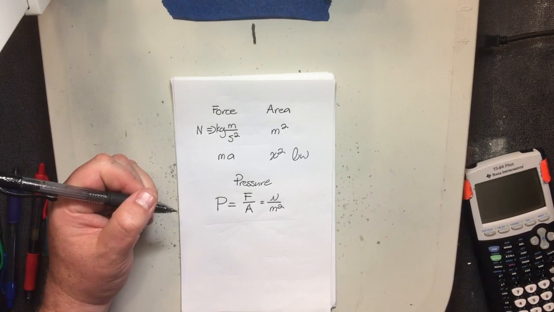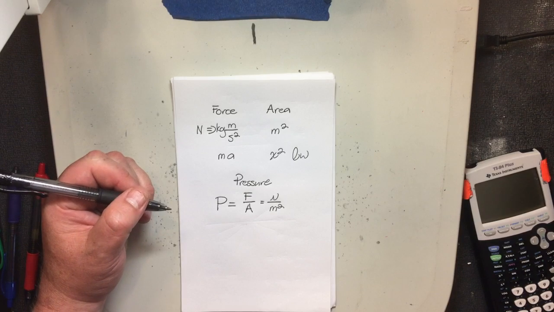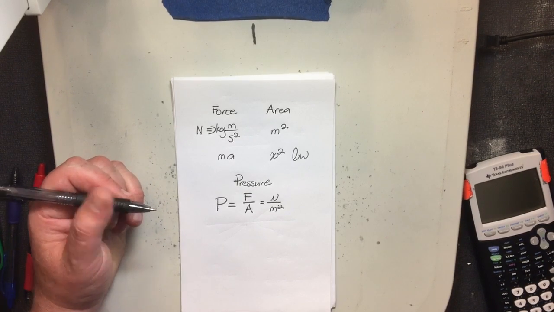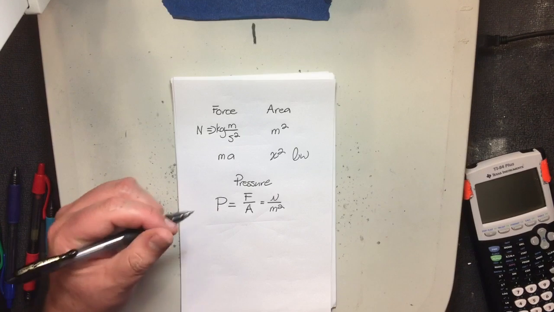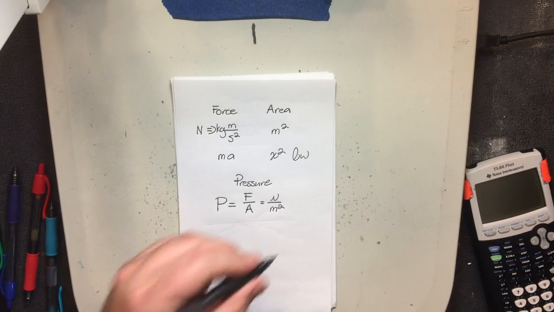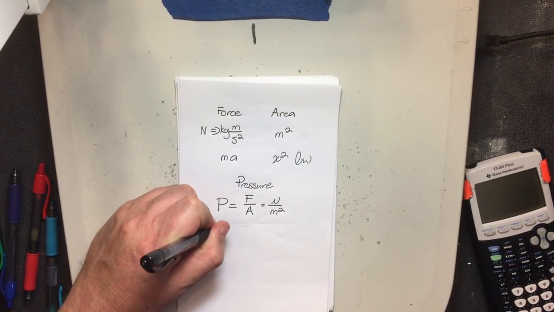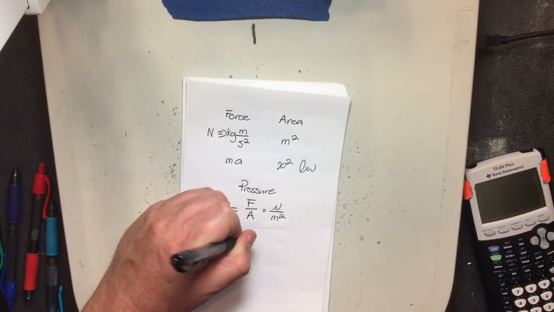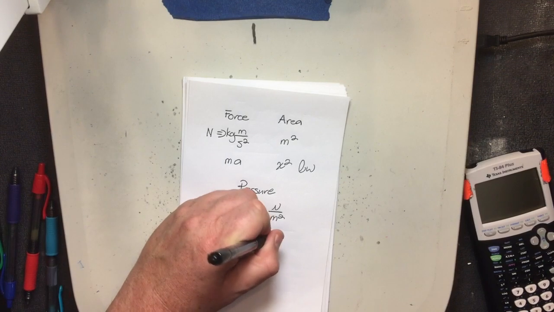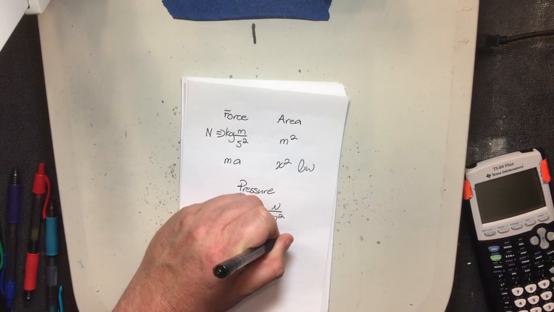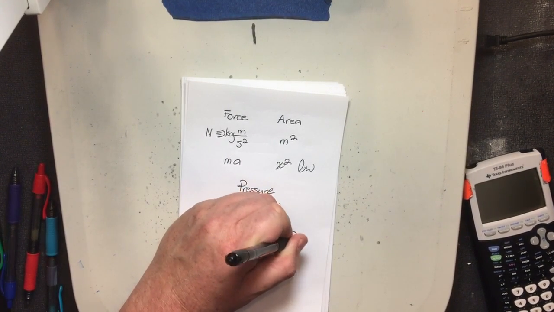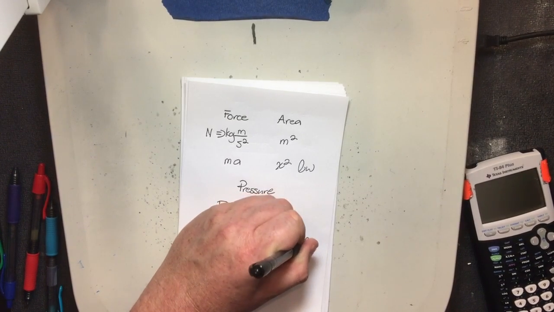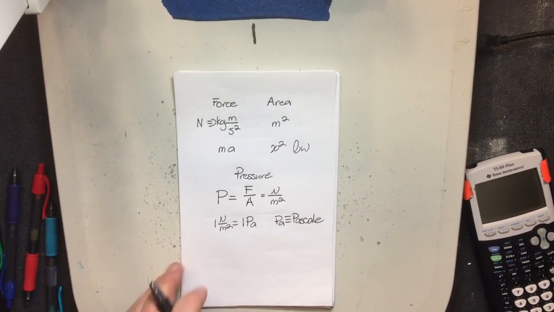Just as a kilogram meter per second squared is a newton, they have their own term for this. 1 newton per meter squared is equal to 1 Pa, and Pa stands for Pascal. I don't care about the spelling, with the E, without the E, doesn't matter.